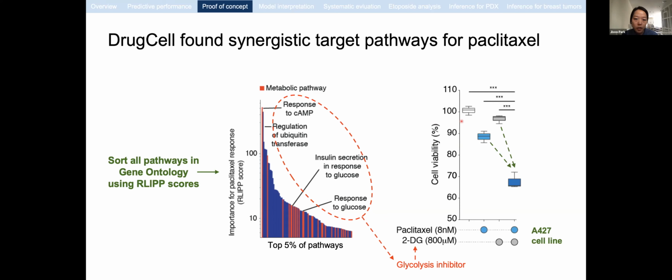The white box is the cell viability distribution when only the vehicle is applied to the cell line, the blue box is when treated only with paclitaxel, the gray box is cells treated with 2-deoxyglucose, and finally the darker blue is the cells treated with the combination of paclitaxel and 2-deoxyglucose. The plot shows that more cancer cells died when treated with the combination of both treatments than when treated with an individual drug, indicating synergy between paclitaxel and 2-deoxyglucose.